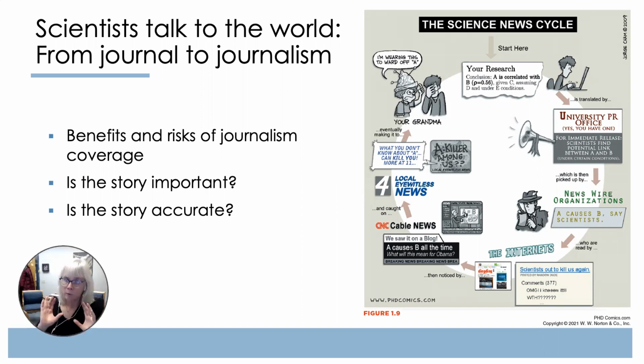So part of what journalists do is get the research out there. That's a good thing. They may not always get it right. And that's something that we're going to be talking about over and over this semester. Are they getting it right? When are they getting it right? And when aren't they?